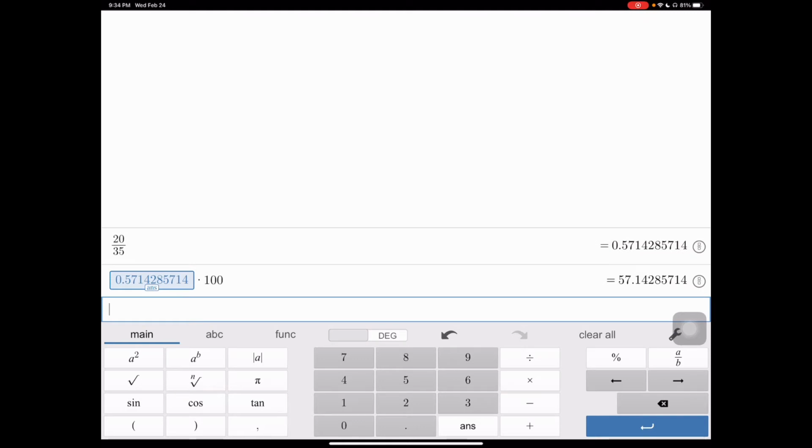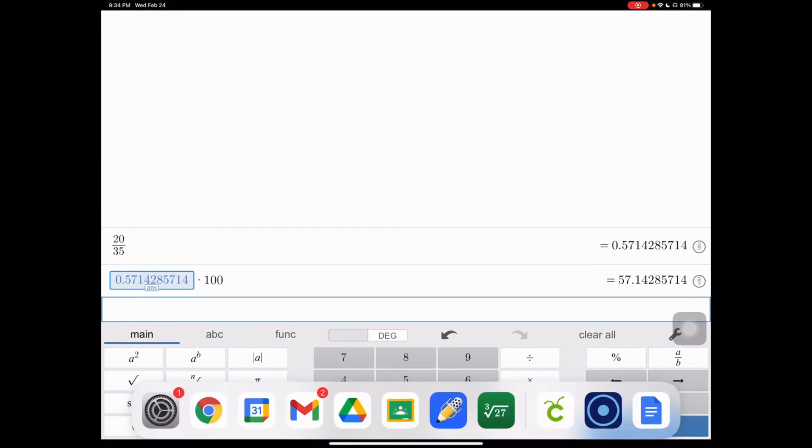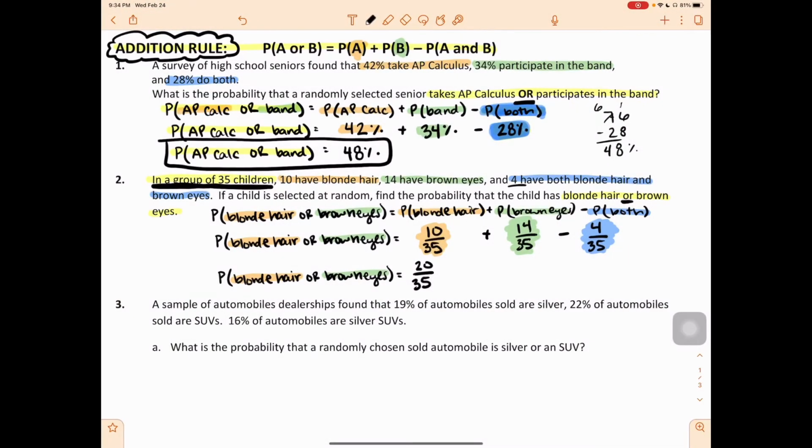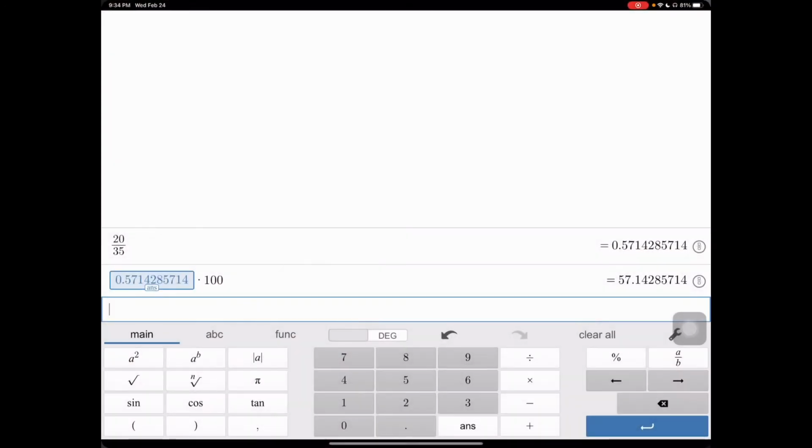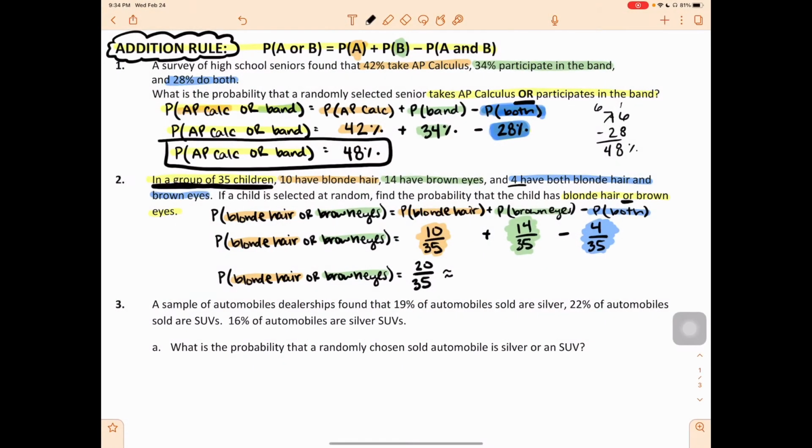You can round this to the nearest hundredth. So we go from the decimal, about 0.5714, to the percentage, which would be 57.14%. So we have a 57.14% chance that we would select a child with either blonde hair or brown eyes. They could have both, remember that, out of a group of 35 children.